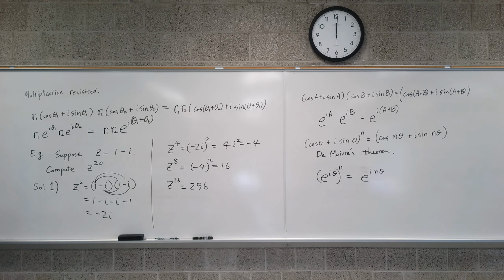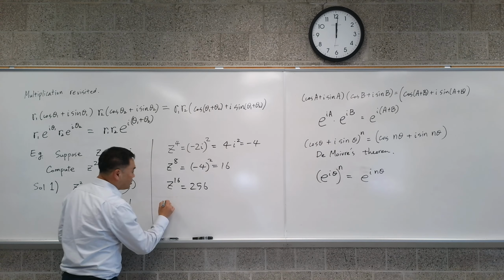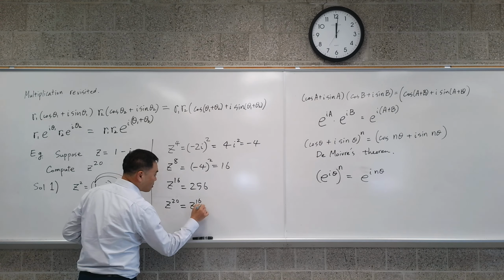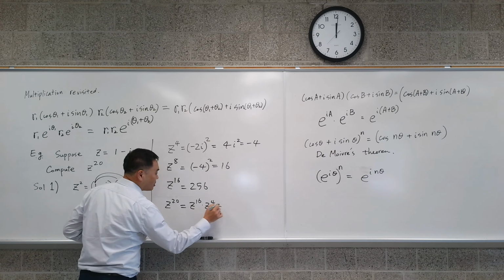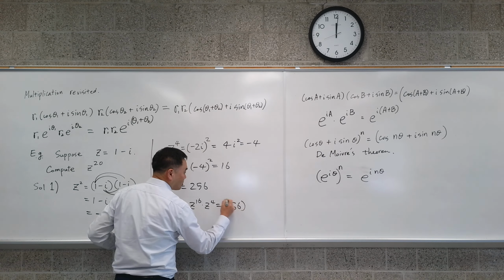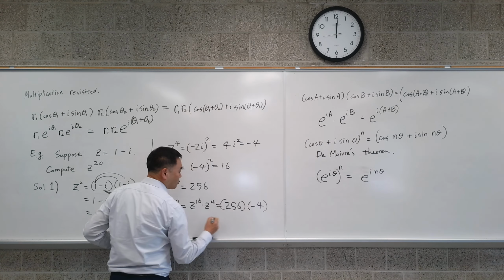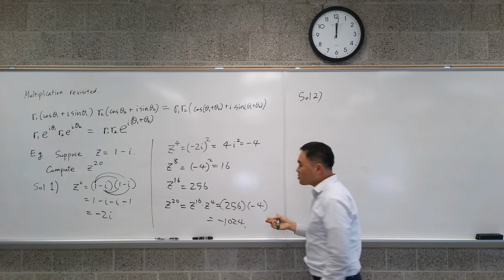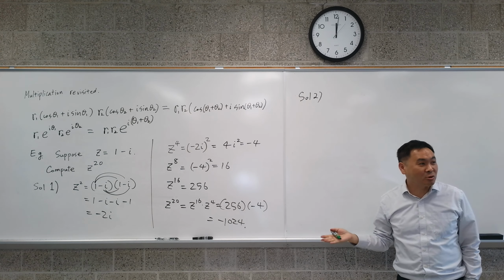So we're almost there. Since z to the 20th power is equal to z to the 16th power times z to the 4th power, that's 256 times negative 4, which is negative 1024. That wasn't too bad, was it? It's doable.